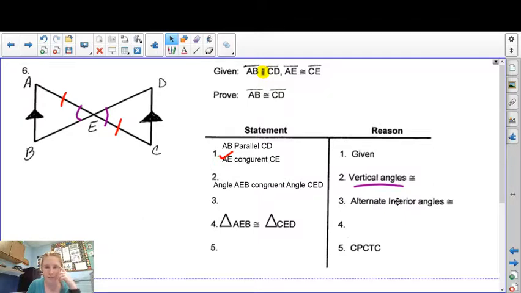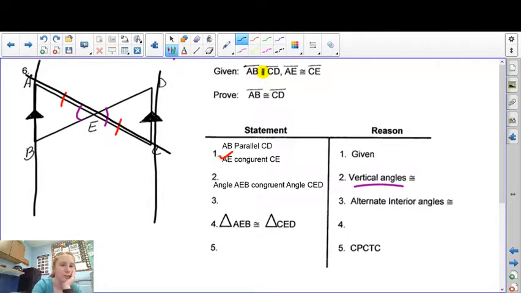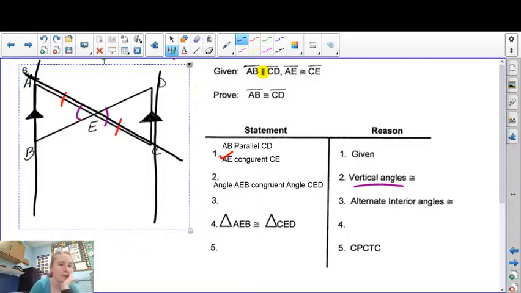Alternate interior angles. So I'm trying to figure out how I could do this without physically moving everything. Okay, that's not gonna work. I'm just gonna have to draw over it. Remember when we talked about, oh, that's a good straight line, parallel lines and a transversal, and it cuts it, and I have alternate interior guys that are congruent.